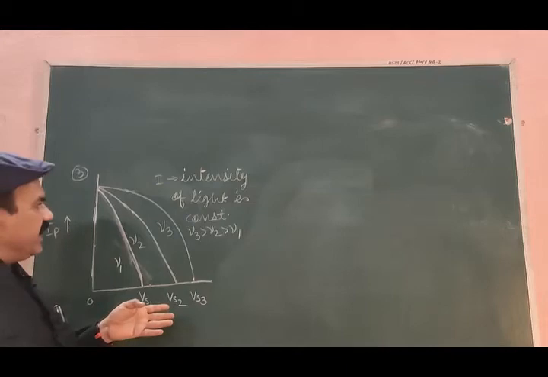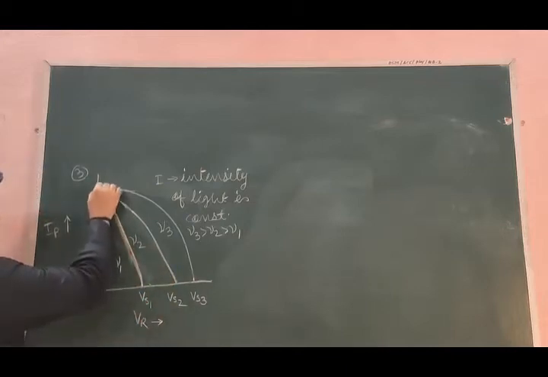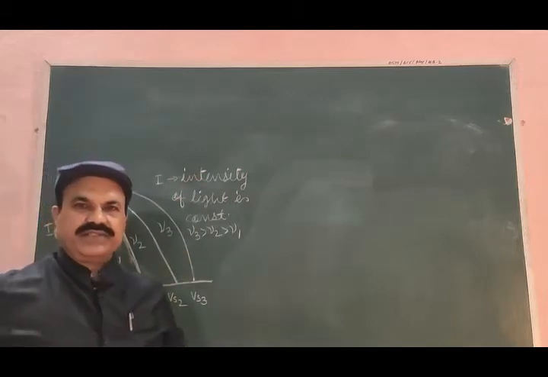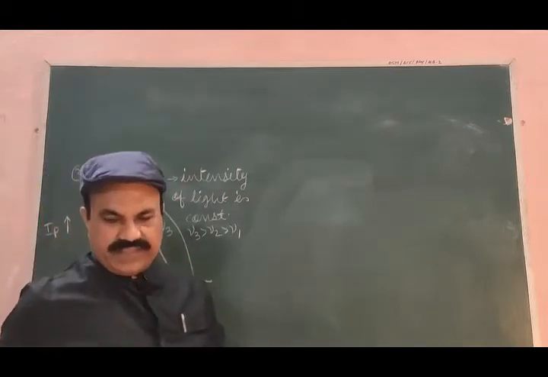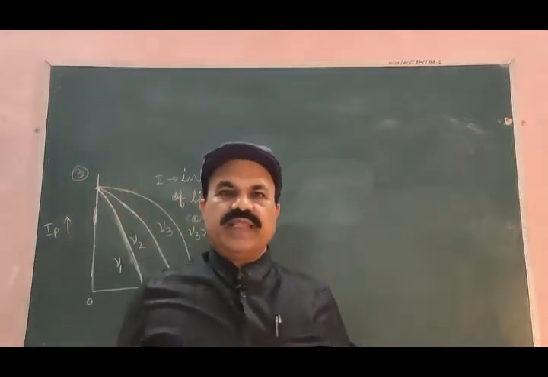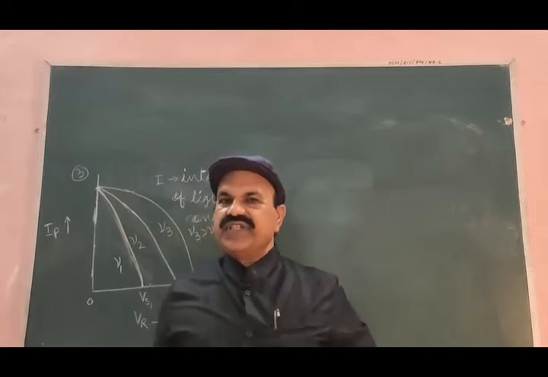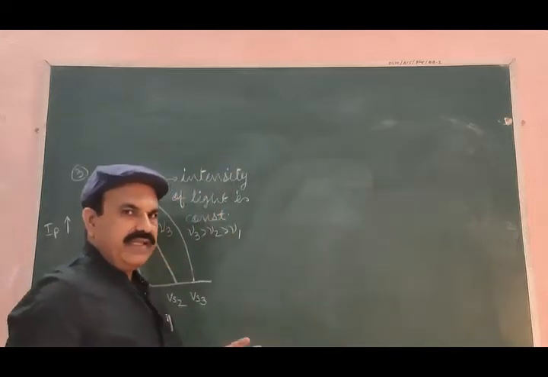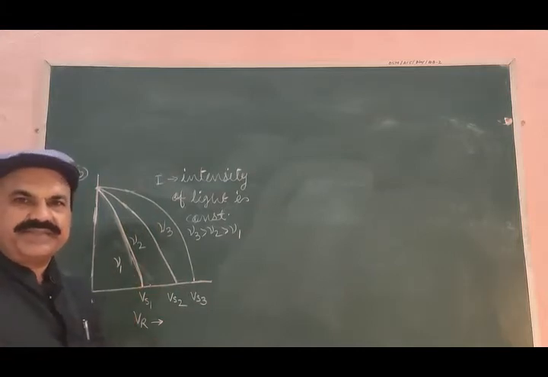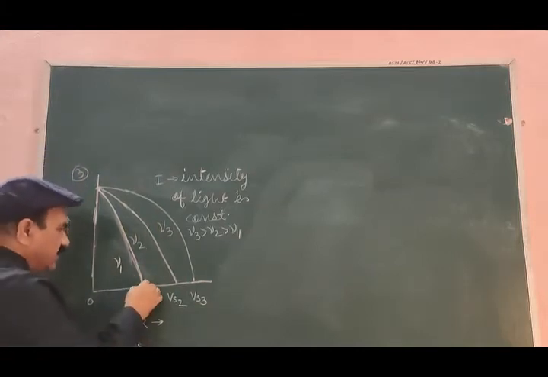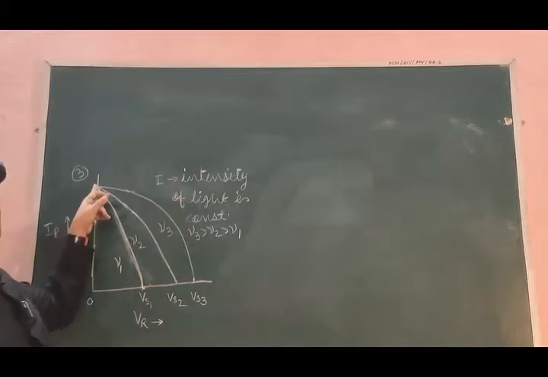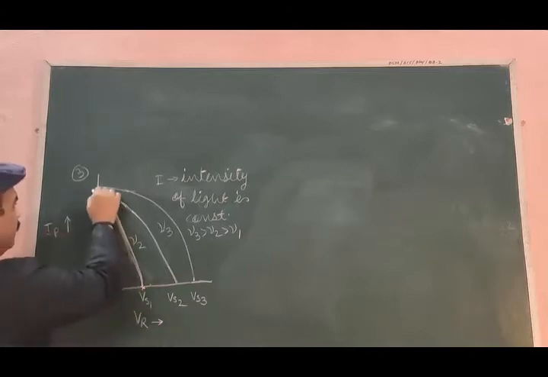In this experiment, they considered I, the intensity of light, constant, that is, the intensity of light falling on the photoelectric cell is held constant. Initially, in the first set, frequency nu 1 is selected. They found that when intensity I is constant, the current is somewhere here.